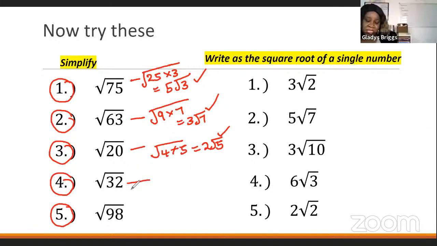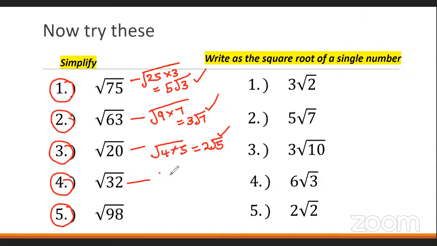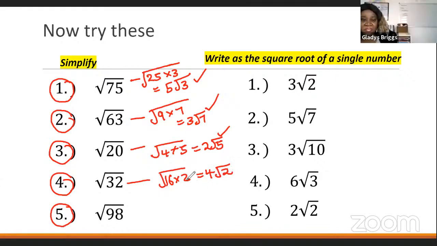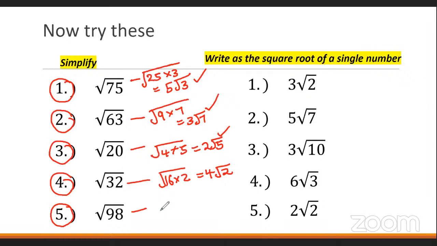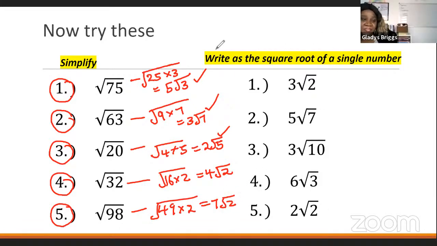And how about this one then? 16 times 2, then 4 root 2. Well done. And the last one, 49 times 2, then 7 root 2. Well done. See? It's not as crazy as we think it is.